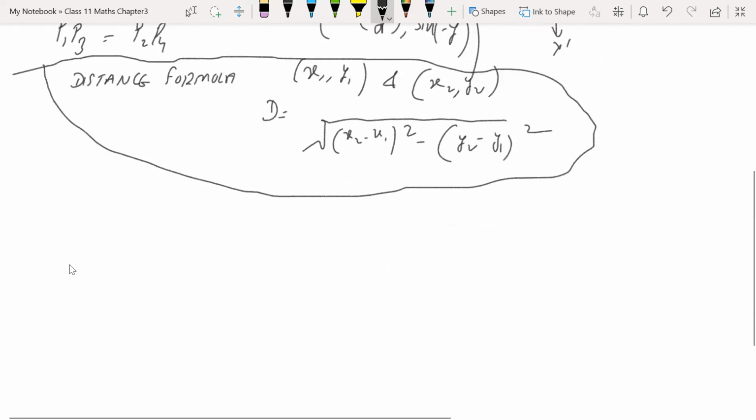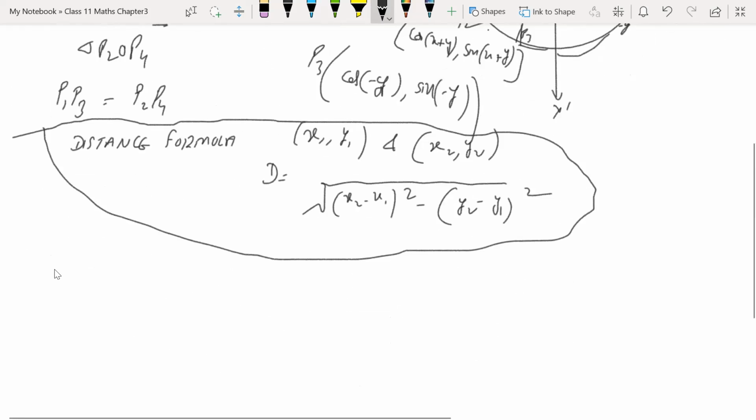Based on this, we will calculate P1, P3. For ease of calculating P1, P3, we can remove this square root, and write it as P1, P3 square.